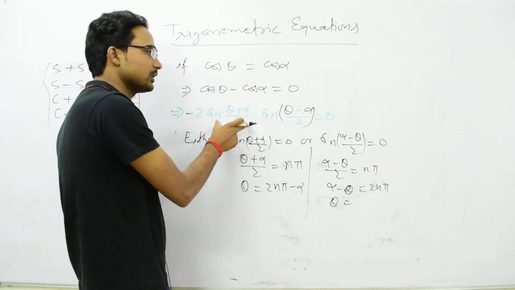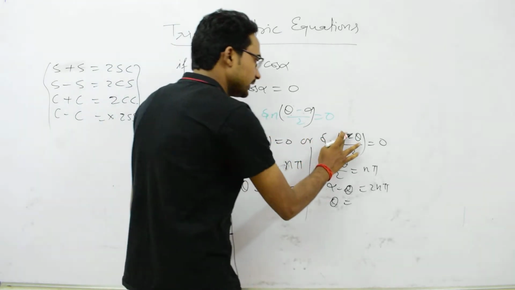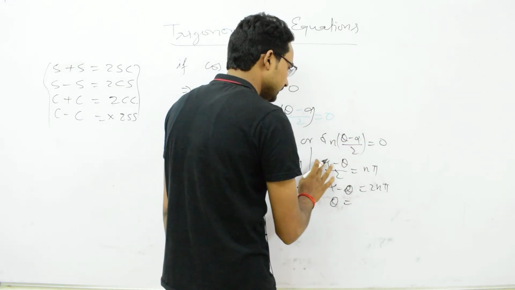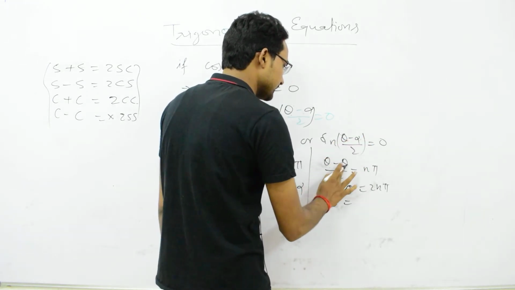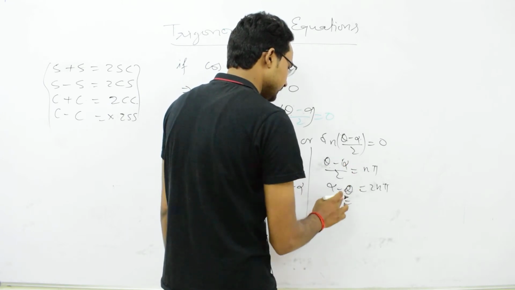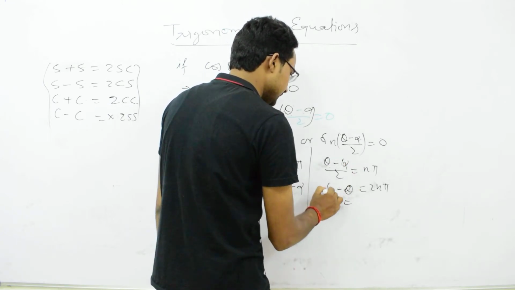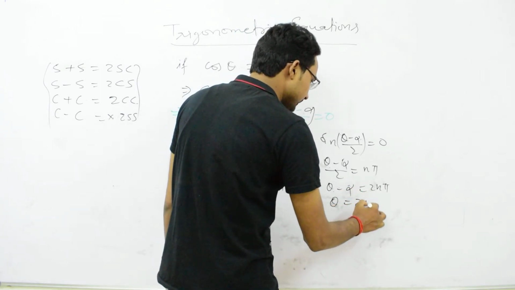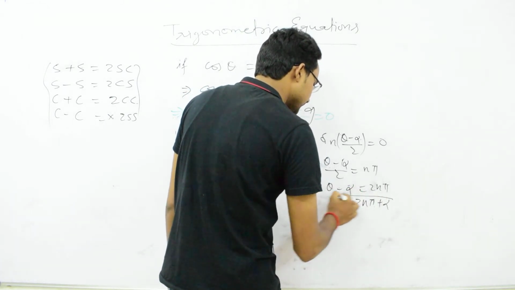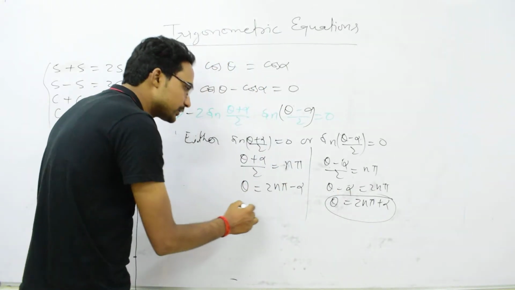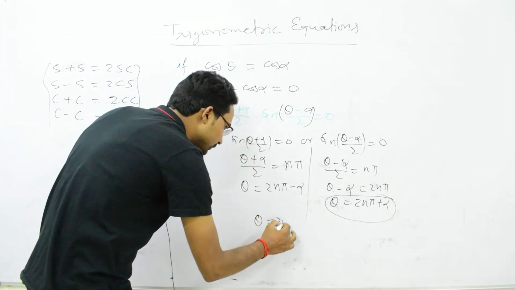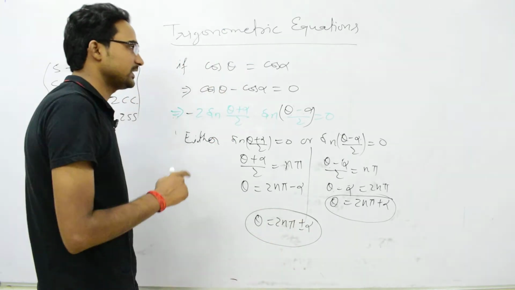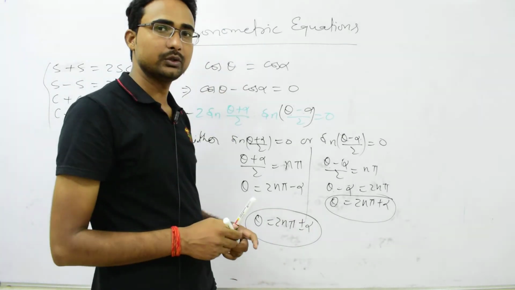So, this equal to 0 or this equal to 0. Finally, we will get 2n pi plus alpha. Okay. So, after combining these two factors, we get theta is equal to 2n pi plus or minus alpha. This is the general solution in case of cos theta equal to cos alpha.